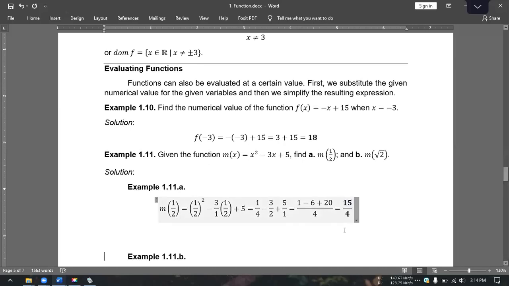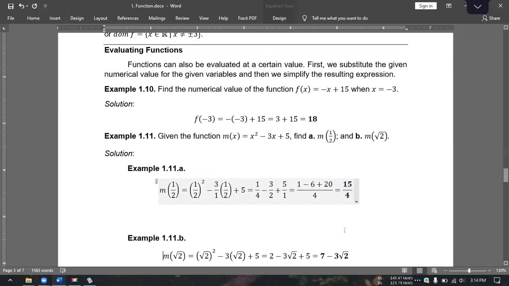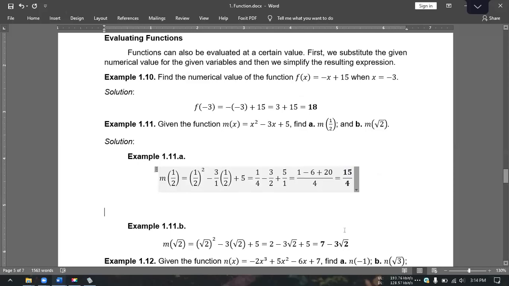Okay, letter B. This time we'll be replacing x by square root of 2. So all the variables x in our given will be replaced by square root of 2. That's why we have this line.